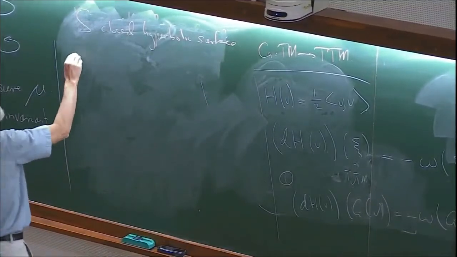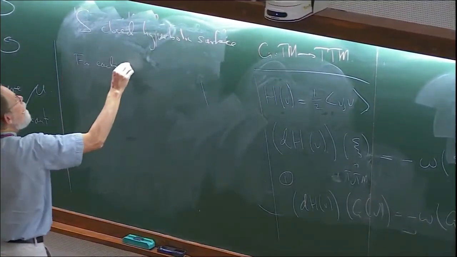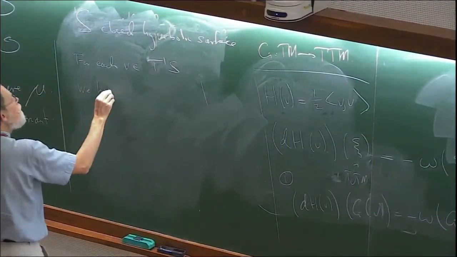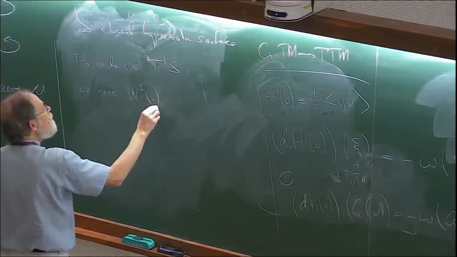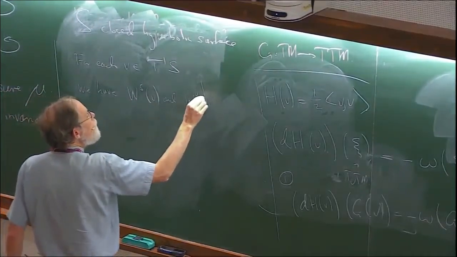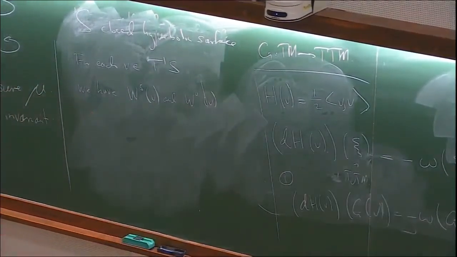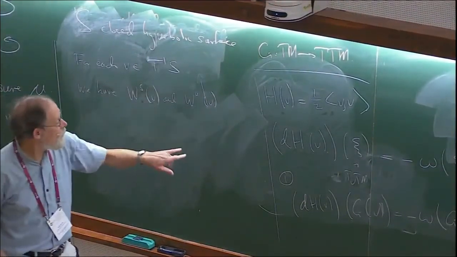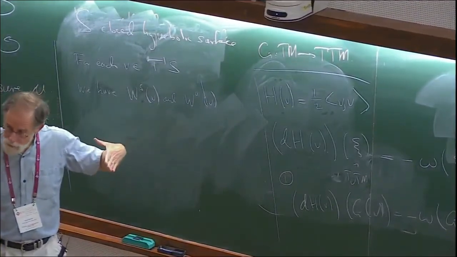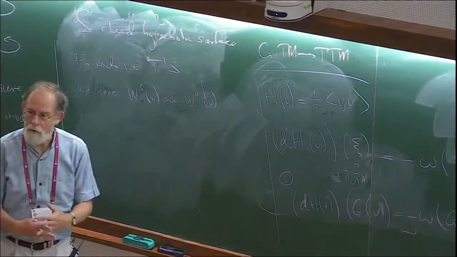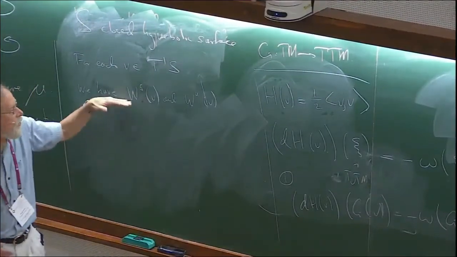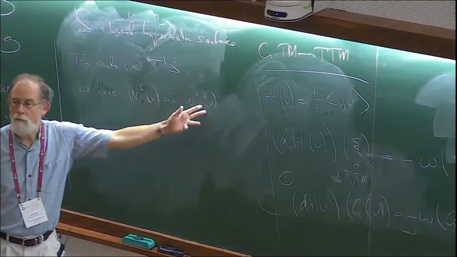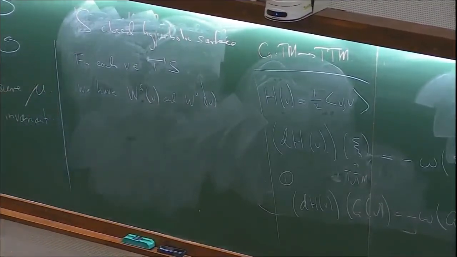And so for each V in T1S, we have WS of V and WU of V. And these have this property that if I take two vectors in here and flow them forward, those vectors move closer and closer to each other. In fact, they approach exponentially under the geodesic flow. And here, two vectors in here approach exponentially under backwards geodesic flow.